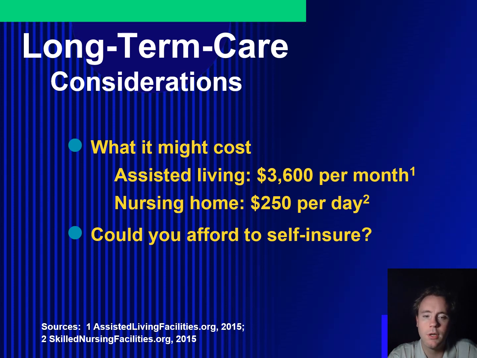It's really critical to plan in advance, because many people don't think about this as a risk or a concern, and then when the time comes, they need to be admitted to a facility because they can't do 2 of their 6 activities of daily living.